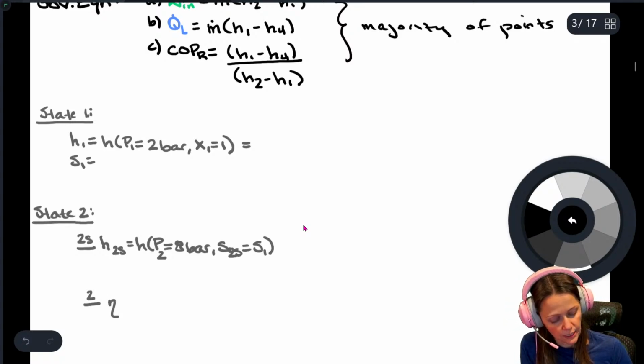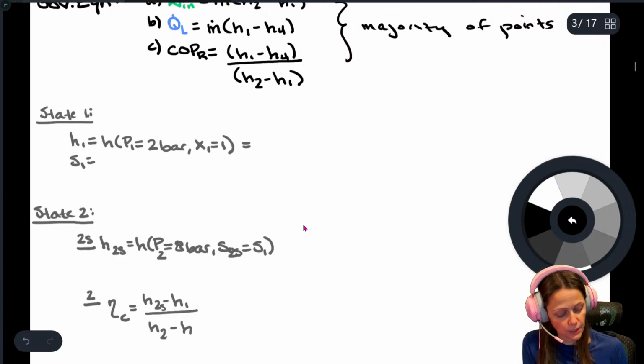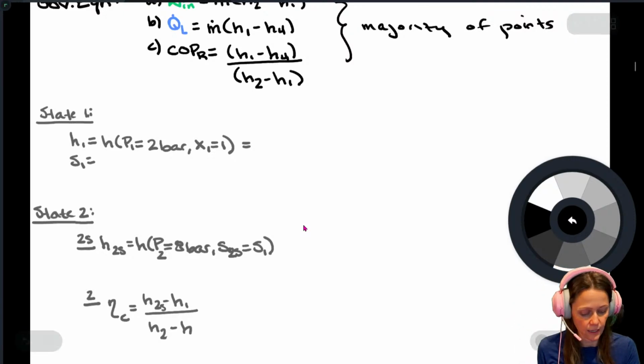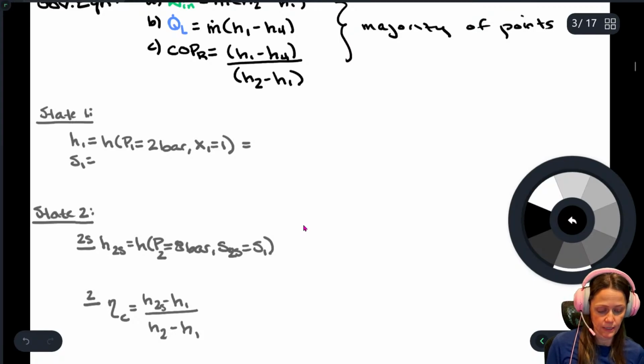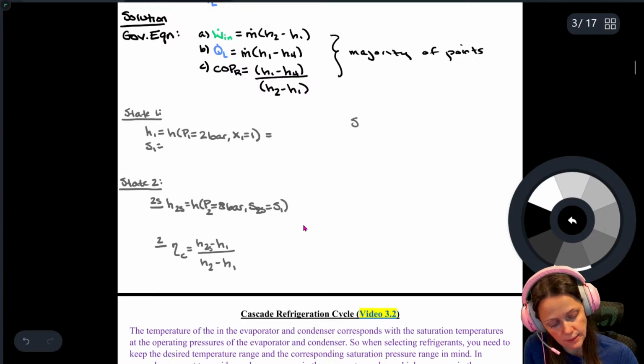And then of course to get the actual h2 value, you need to use the equation for that isentropic efficiency. So ideally you wouldn't have to put a lot of work into it, so it's going to be on the top, and the actual work you need to put in is h2 minus h1. I got that. Let's get state 3.